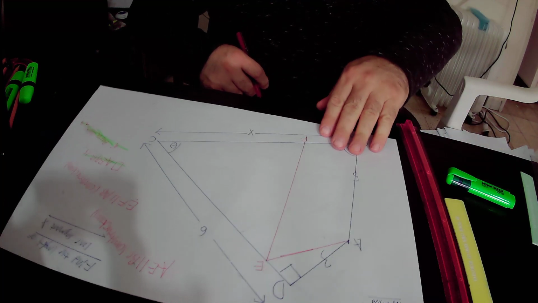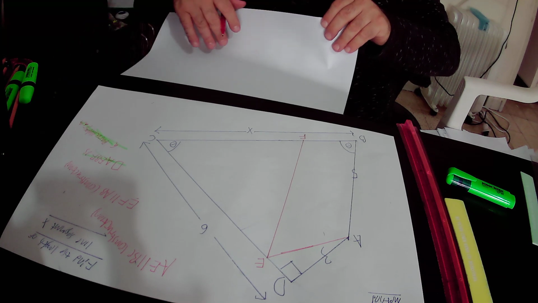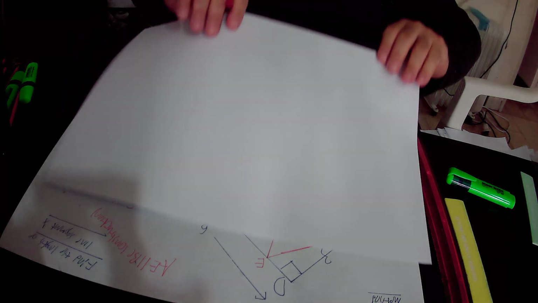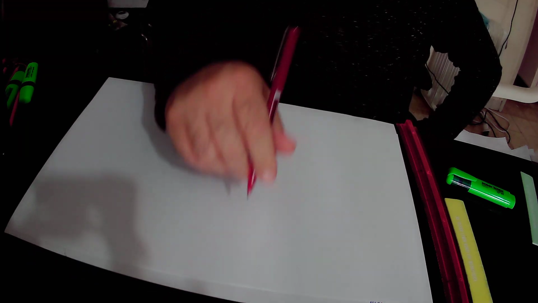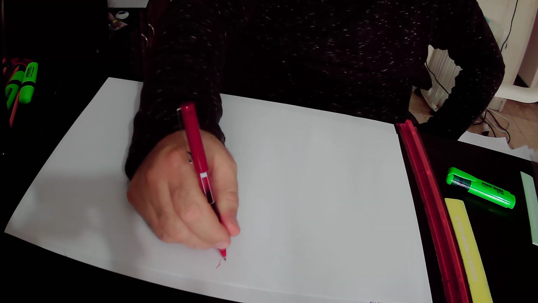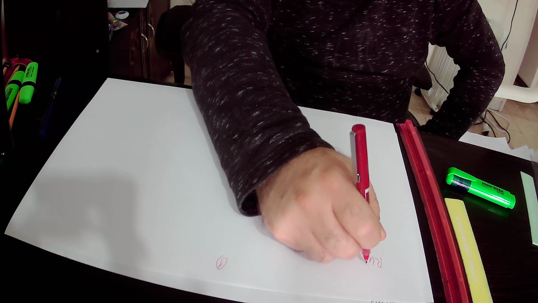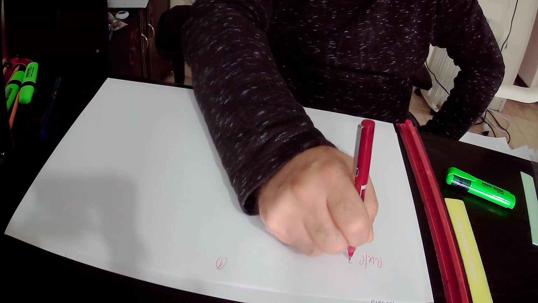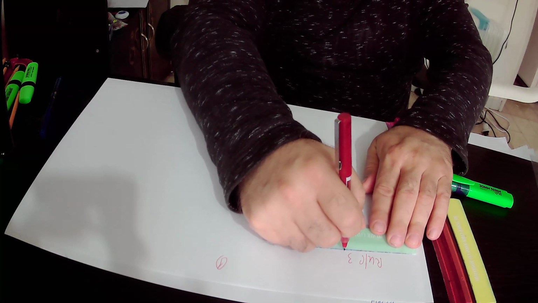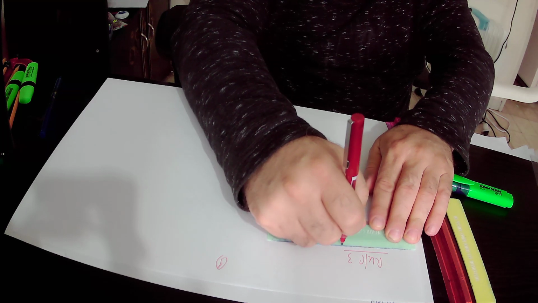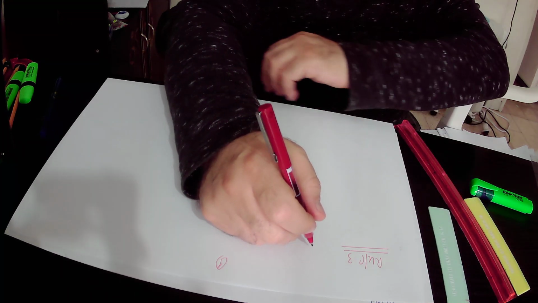And we also have rule number 3. According to rule number 3, corresponding angles between parallel lines are equal to each other.